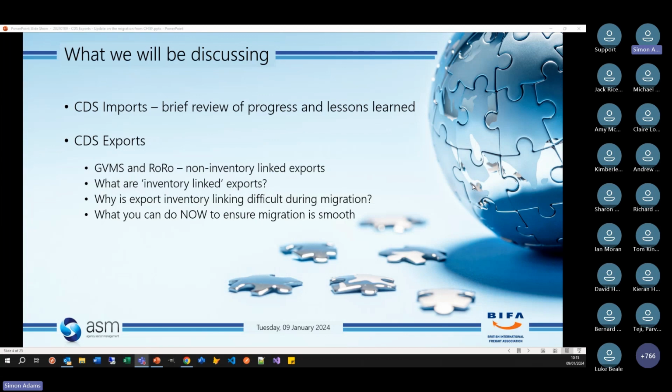There are things before you actually start to migrate that can really help you in the journey. And then finally, we'll go briefly through the timeline for migration of the inventory linked export migration. It is coming very quickly. But we'll leave that joyous bit till last.